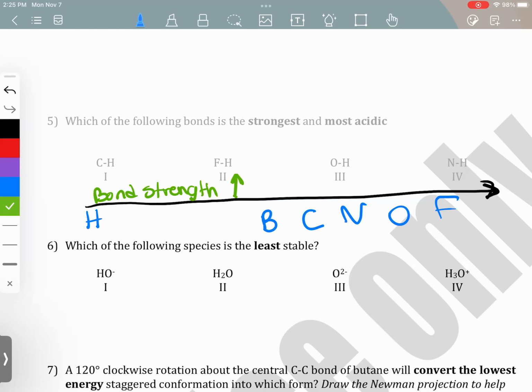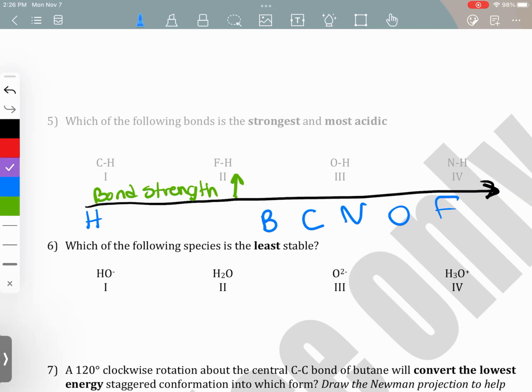So the electronegativity is what's helping to keep that bond between the atom and another atom, like for example these OHs and FH. The more electronegative the atom is, the more bond strength you would have with the hydrogen. So bond strength increases left to right.